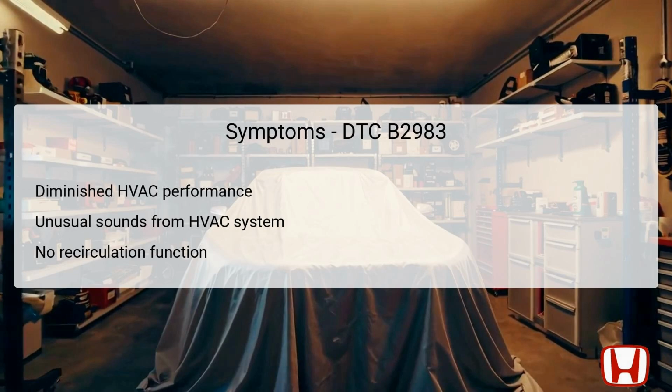Another likely symptom is the failure of the recirculation function itself. This may leave the vehicle's interior vulnerable to outside air quality conditions, impacting overall comfort and climate control. Recognizing these symptoms early is essential for timely intervention, aiming to restore proper operation and enhance the driving experience. If not addressed, these symptoms can lead to greater issues within the HVAC system.